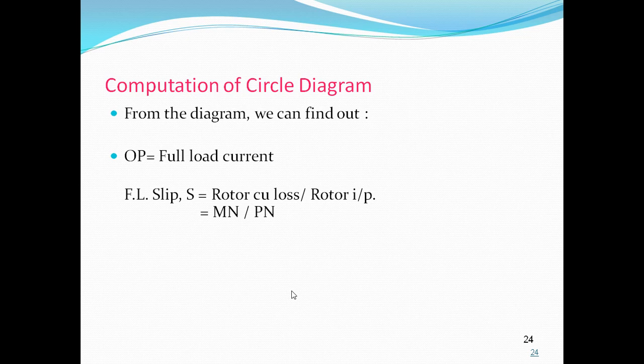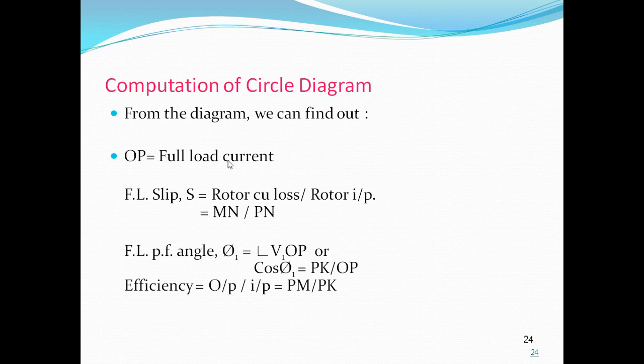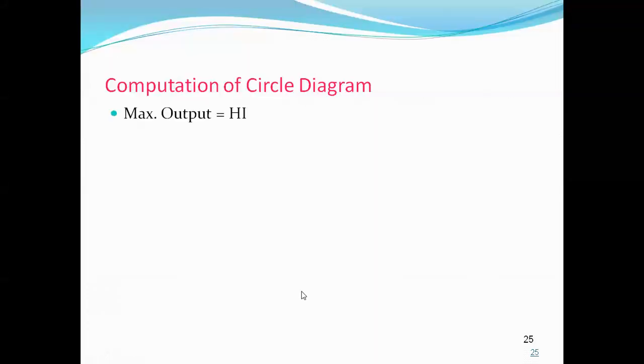From the circle diagram, we can calculate OP as full load current, slip is equal to MN by PN, that is rotor copper losses by rotor input. Full load power factor angle phi is the angle between V1 and OP, cos phi is Pk by OP. Efficiency is equal to Pm by Pk.